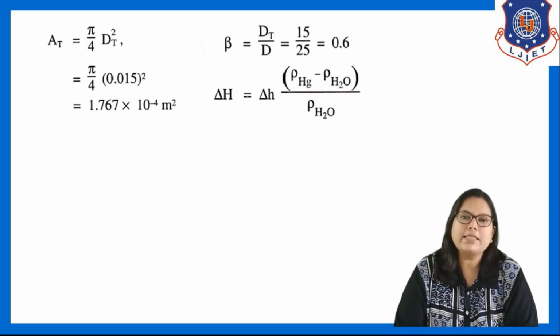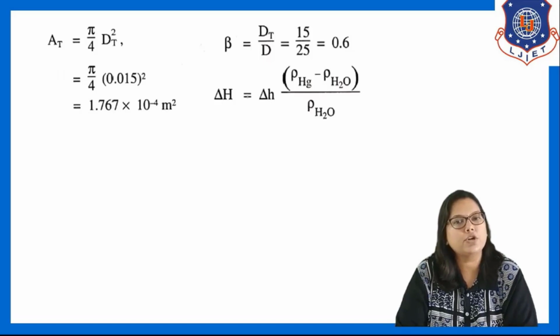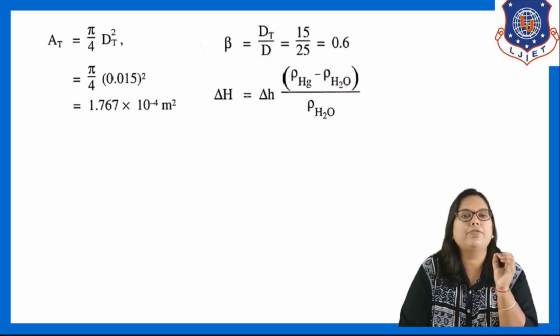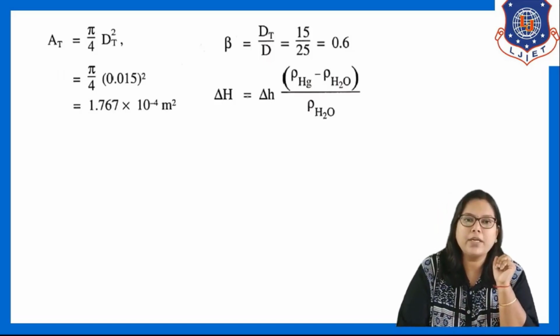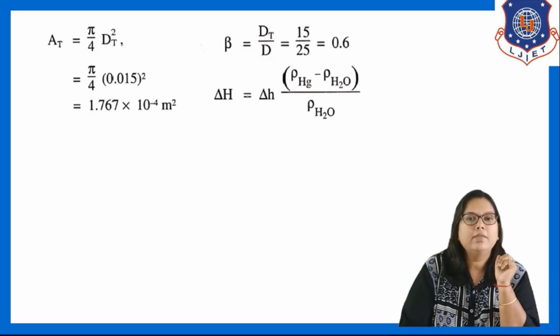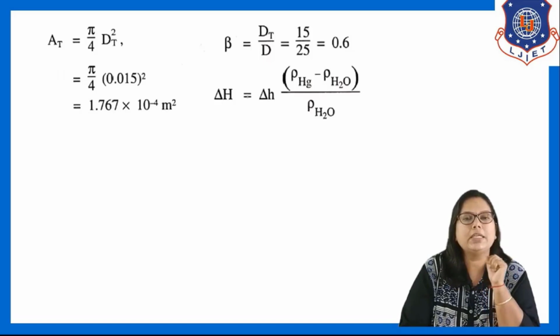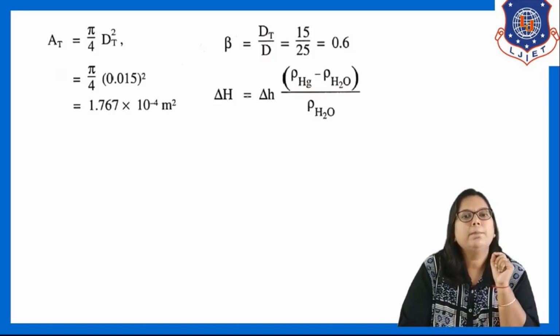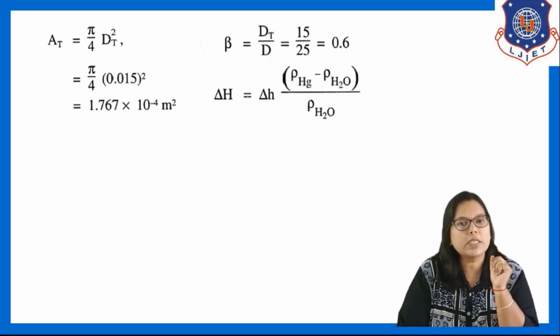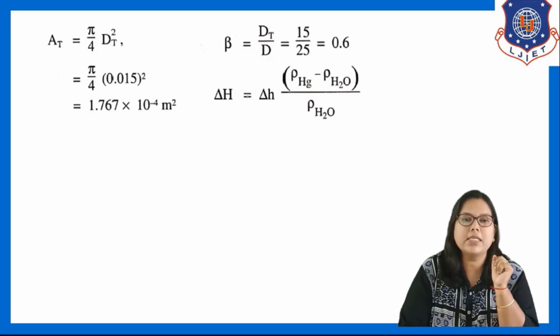Now calculate the next term, which is capital delta H. Capital delta H is small delta h into (rho m minus rho) upon rho. Rho m is manometric fluid density. Here manometric fluid is mercury, which is Hg. So capital delta H is small delta h into (rho Hg minus rho), where rho is our process fluid, and process fluid in this case is water.